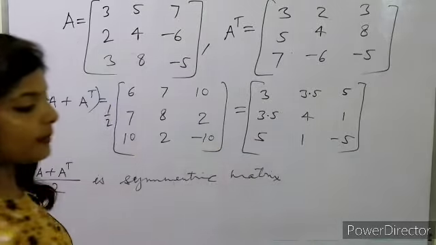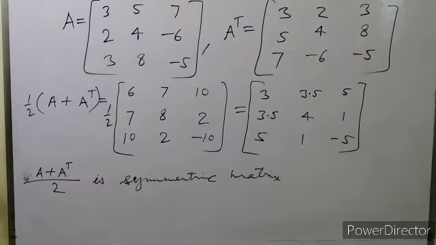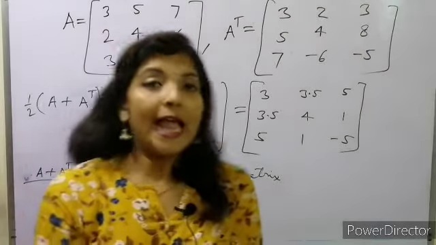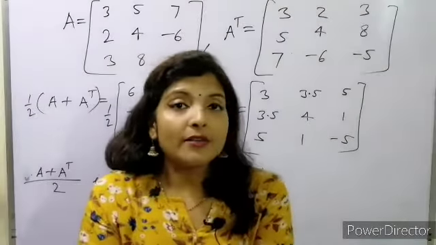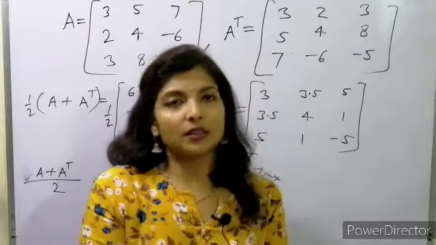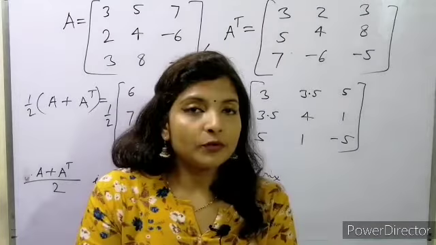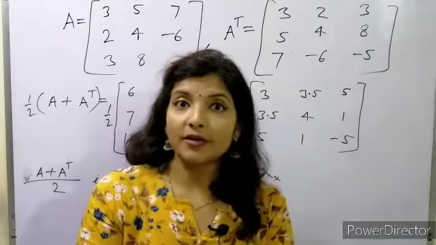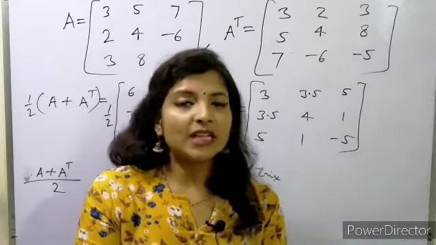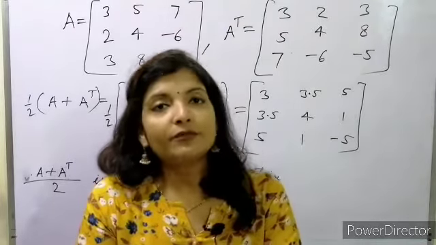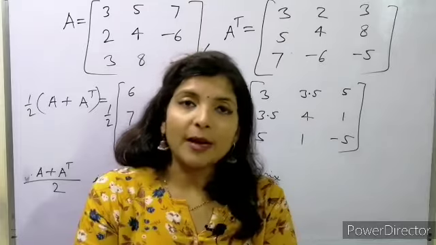So if we have a matrix given जो कि symmetric नहीं है, skew symmetric भी नहीं है, then we have to convert that matrix into symmetric or skew symmetric. When we have to convert it into a symmetric matrix, we'll add the transpose of that matrix and divide the resultant by 2.